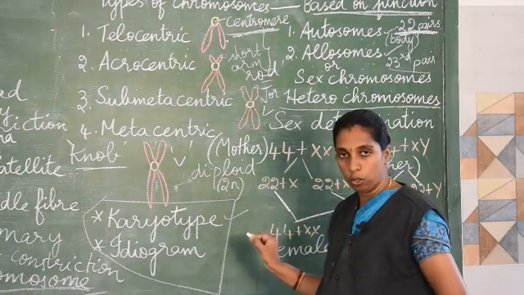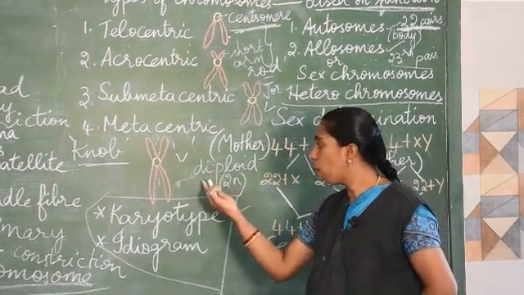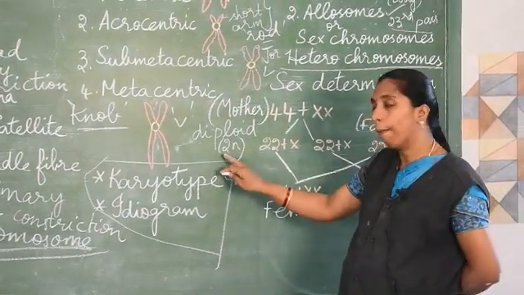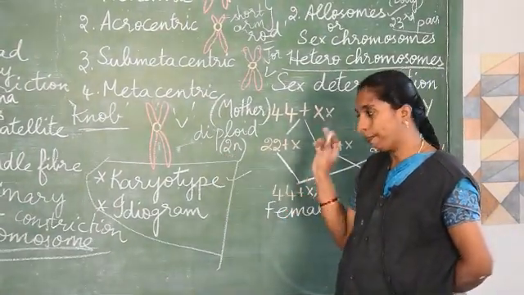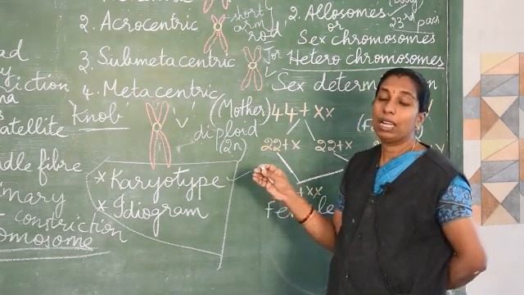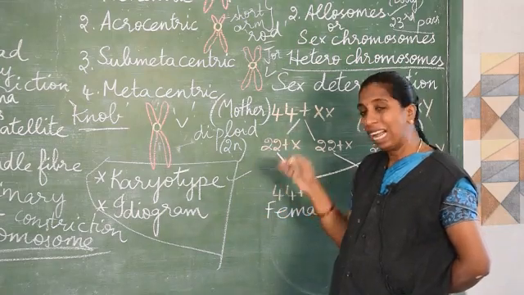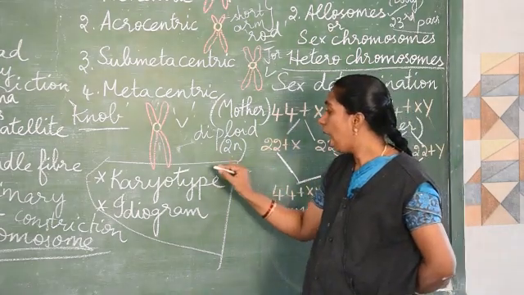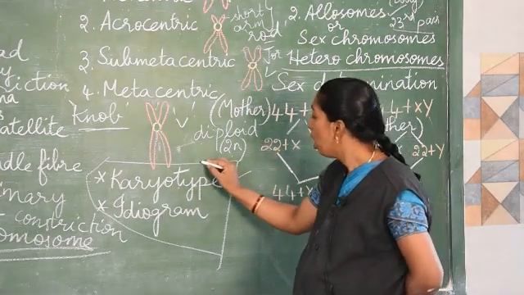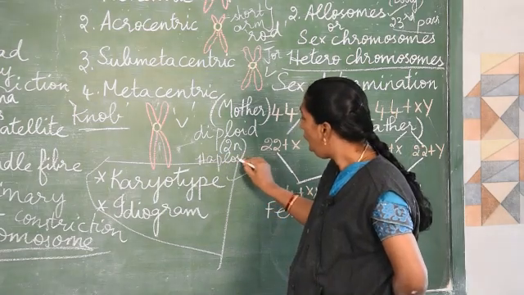In the gametes, that is during the formation of sperm and ovum, during the meiotic division, we have a haploid number of chromosomes.